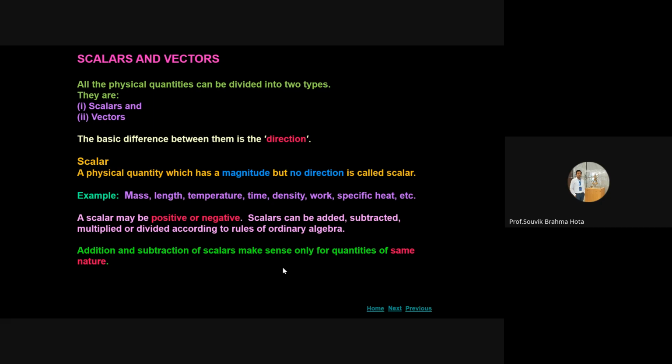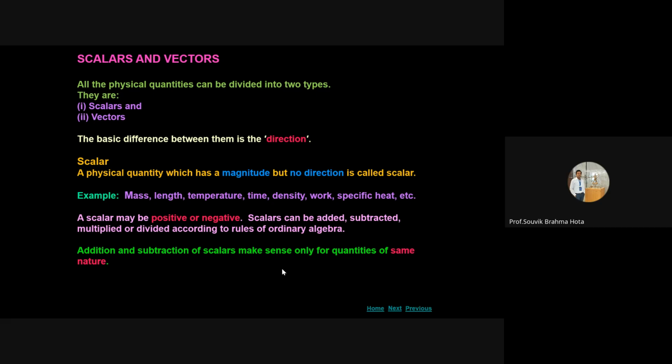Scalars can be added and subtracted like the rule of ordinary algebra, like x, y, z, all these things. Addition and subtraction of scalars only changes the quantity, but the nature doesn't change. Also, addition and subtraction of scalars makes sense only for quantities of the same nature.